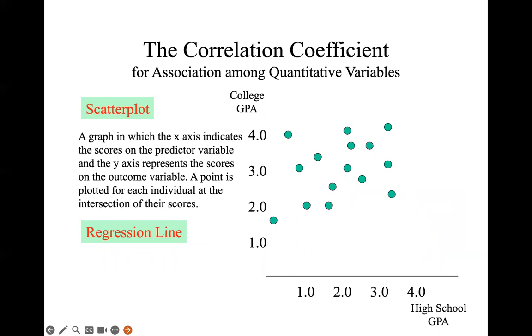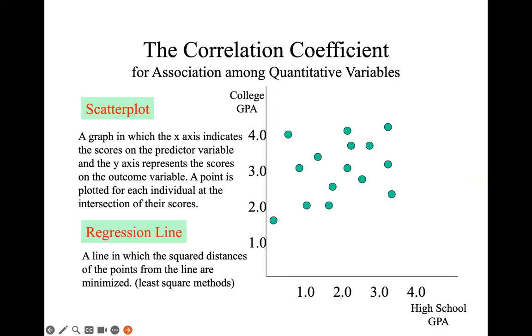It is a graph in which the x-axis indicates the scores on the predictor variable and the y-axis represents the scores on the outcome variable, and a point is plotted for each individual at the intersection of their scores. By the way, these PowerPoint slides come from the University of Michigan.